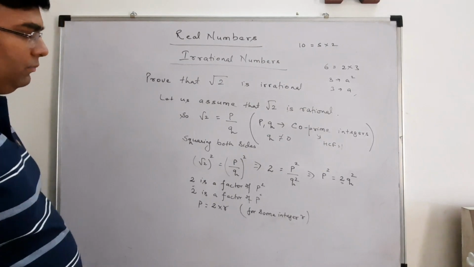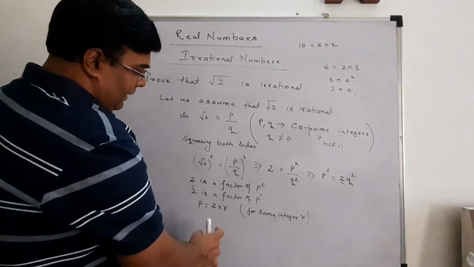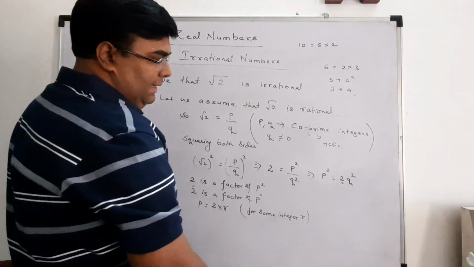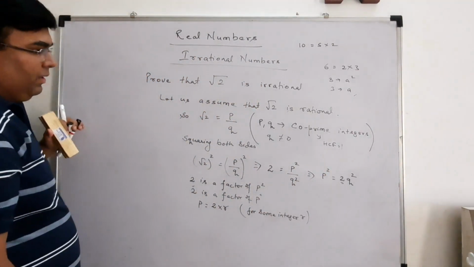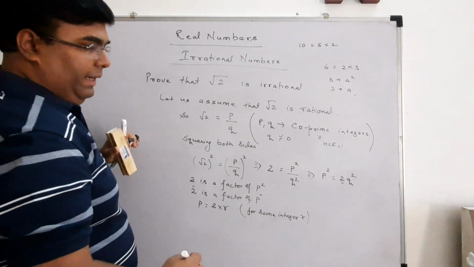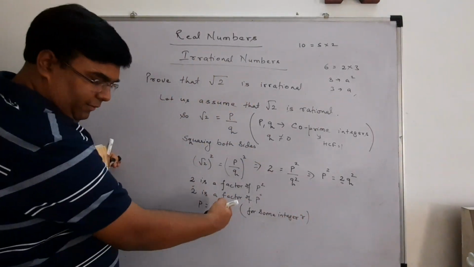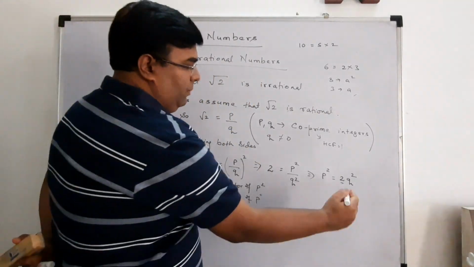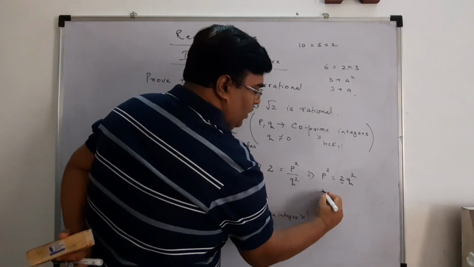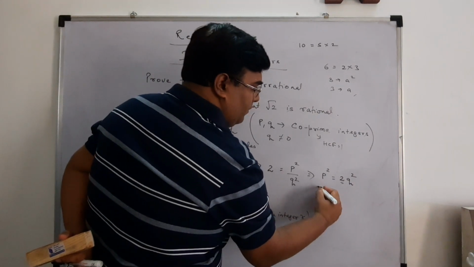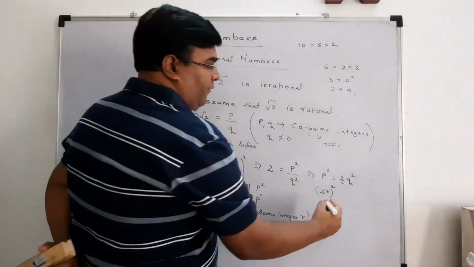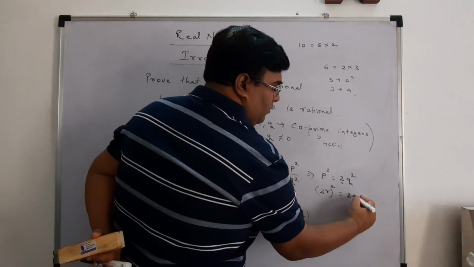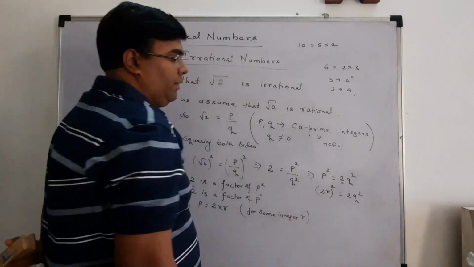Clear? Now, since p is equal to 2r, let's put the value of p here. I am writing it here only, but you need to write after this. So p is equal to 2r. Let's write 2r whole square, which is equal to what? 2q square.